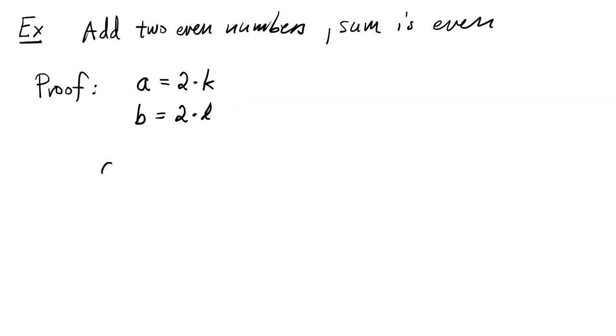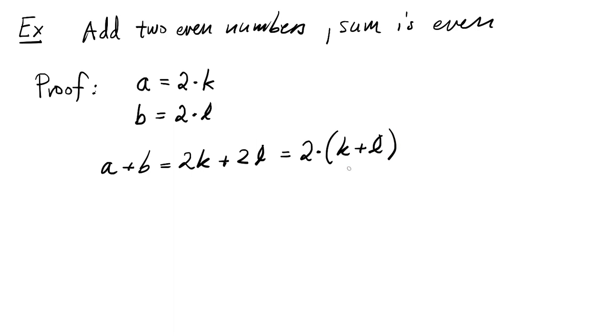If you now add these 2, then you have 2k plus 2l. Can you show that this is even? Yes, you can, because if you factorize, you can take out 2 in front, by the distributive law.